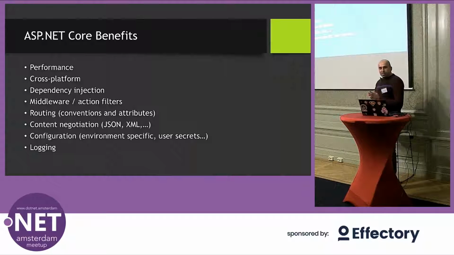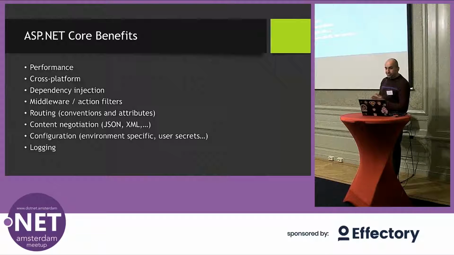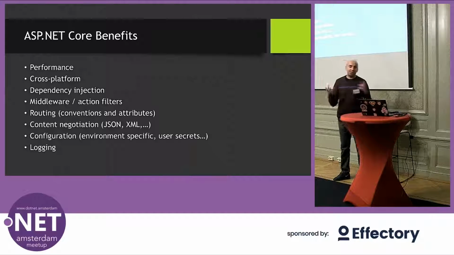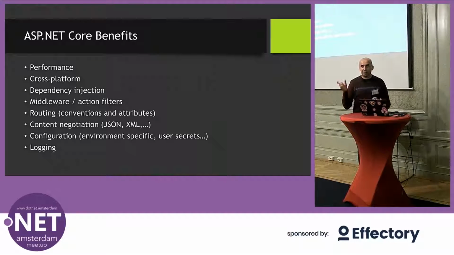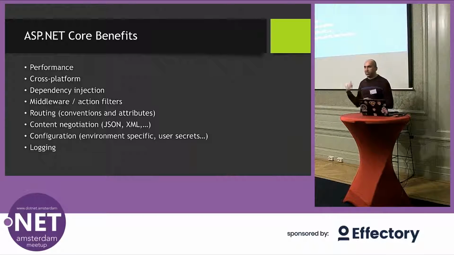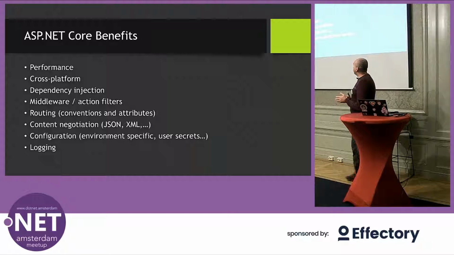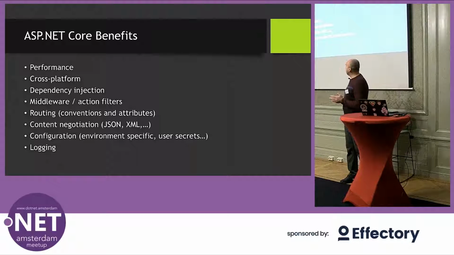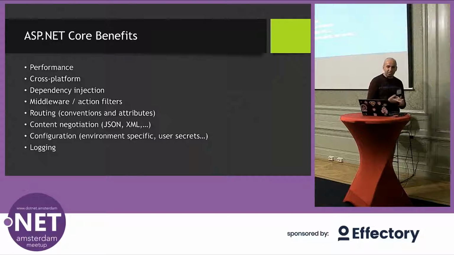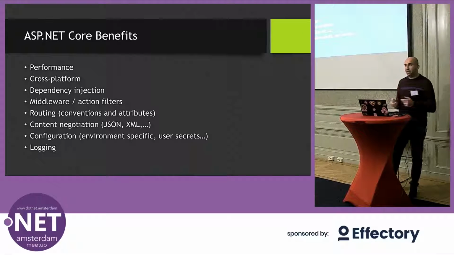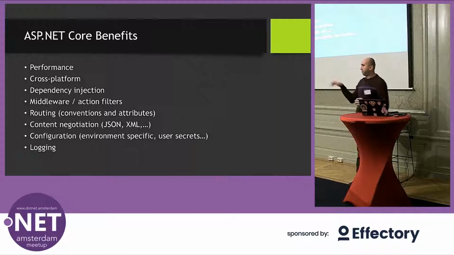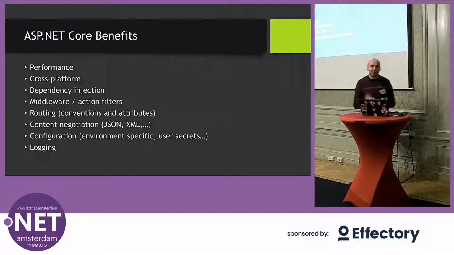What else? Routing. We said before that REST APIs define resources via unique URLs. So ASP.NET Core routing helps with that. We have two different ways to define routing, either through conventions or through attributes. Convention-based routing is not really used for APIs. It's more used in the MVC pattern for views.